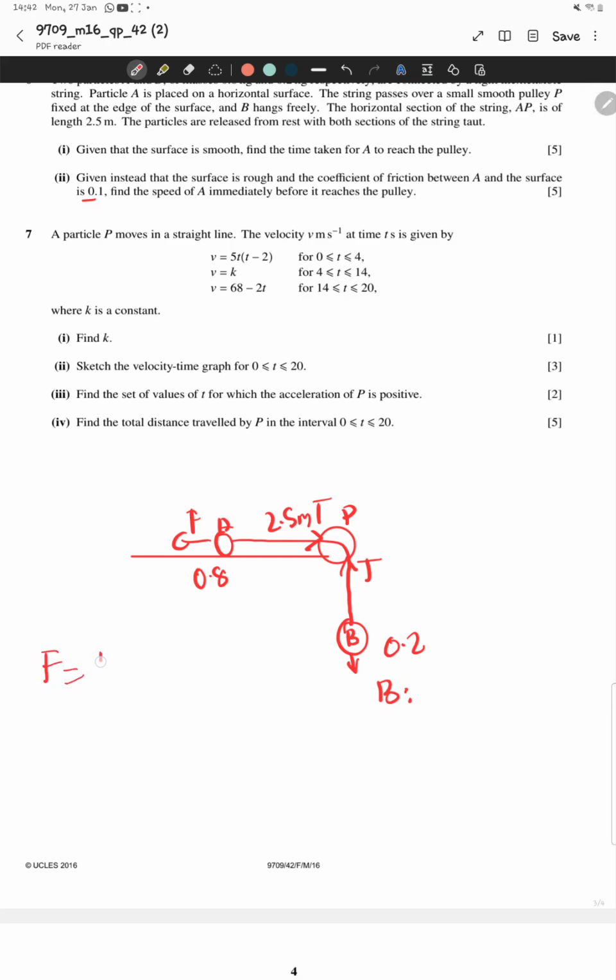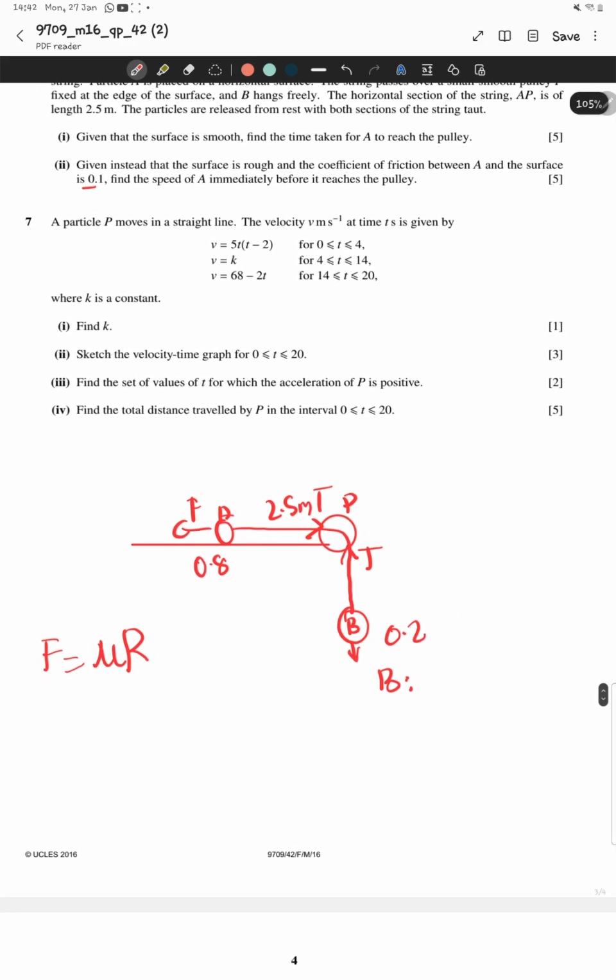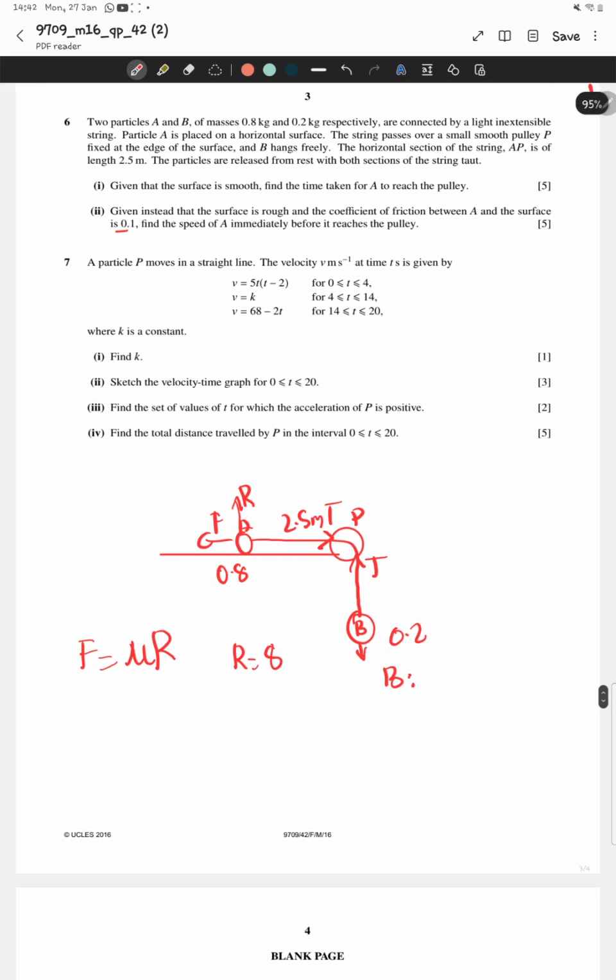We have to find F first, so we need to find R. R will just be the downward force, because upwards and downwards forces must be equal, so R is just 8 newtons. And 8 into 0.1 is 0.8, so the frictional force F is 0.8.